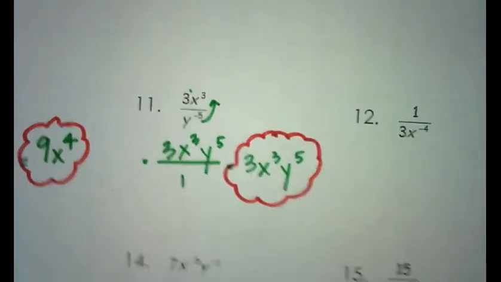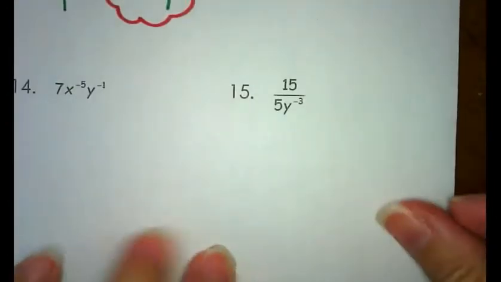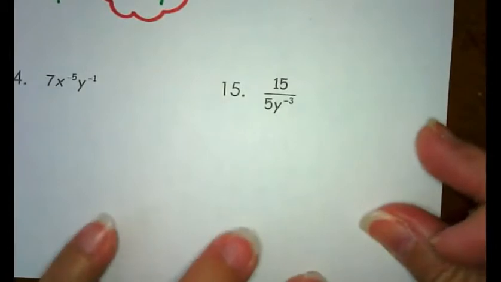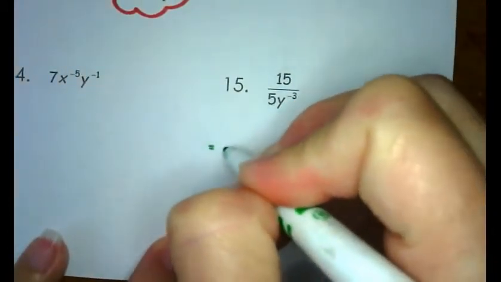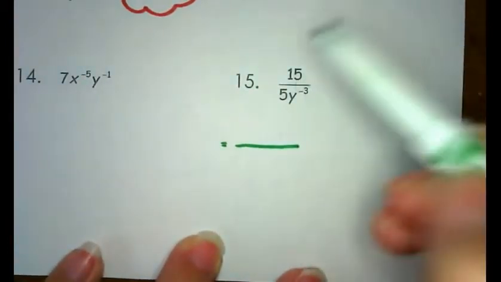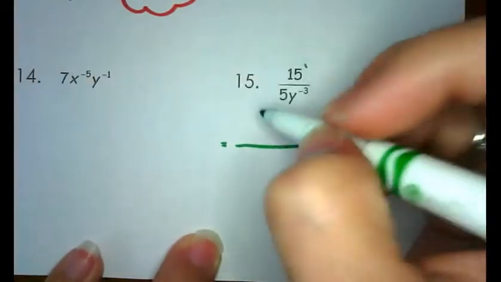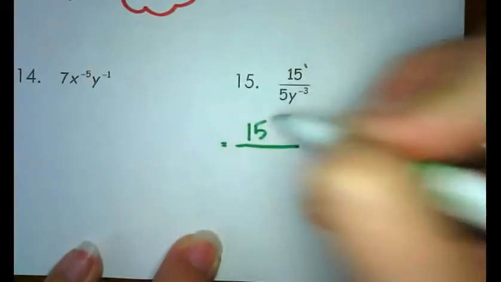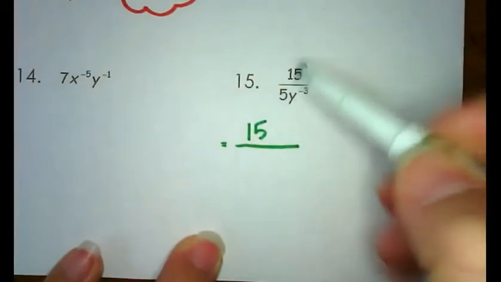All right, I'm going to let you guys do 12, 13, and 14. I want to move and do number 15 with you. All right, so first thing, I'm going to start with the fraction bar. And as always, we're going to go piece by piece. So 15 would be 15 to the first. So that one is happy where he is. Next we move to the 5.